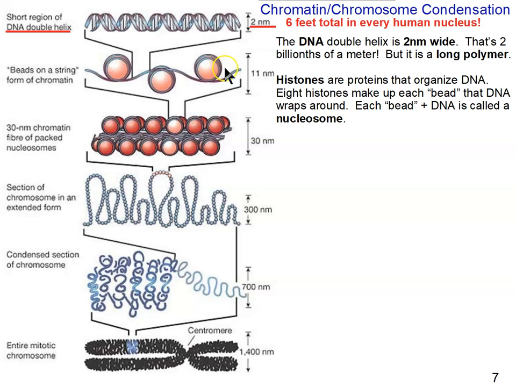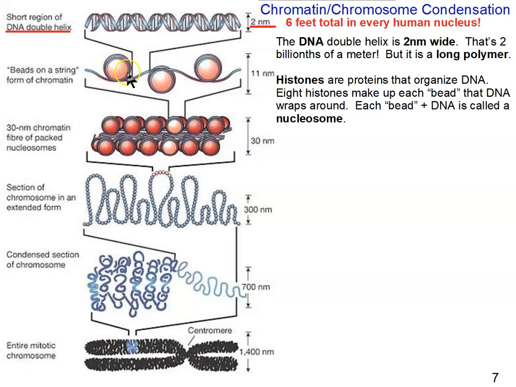But it looks like that under the electron microscope too. Each bead is 8 histones, 8 histone proteins. Even though you can't see them individually here, this bead represents 8 histone molecules that are bound together, and then the DNA wraps around that.